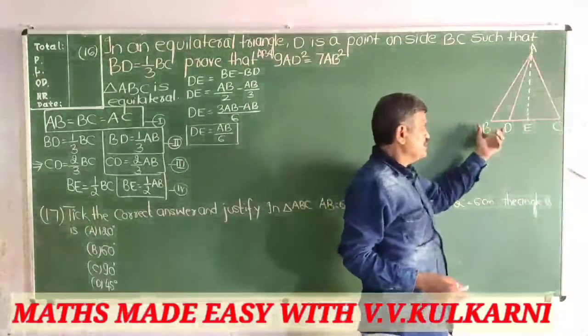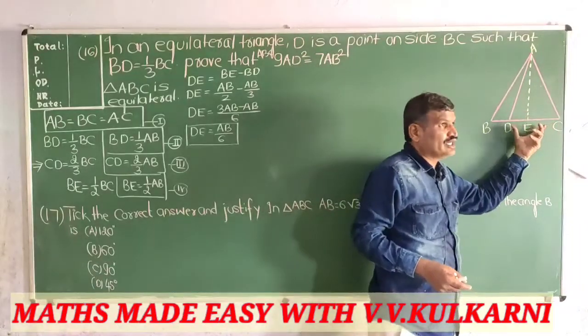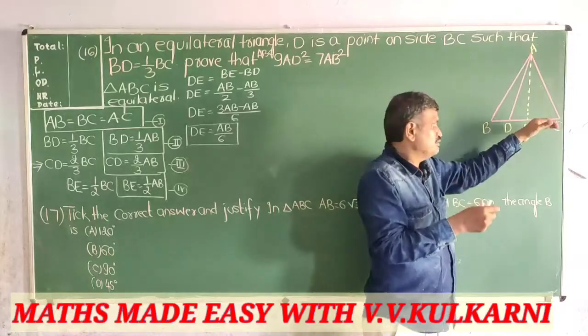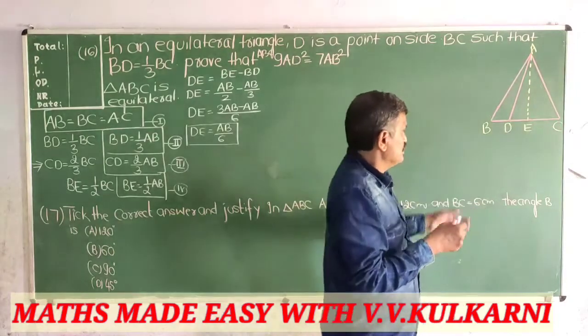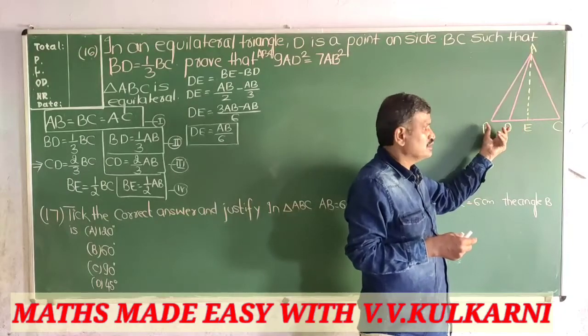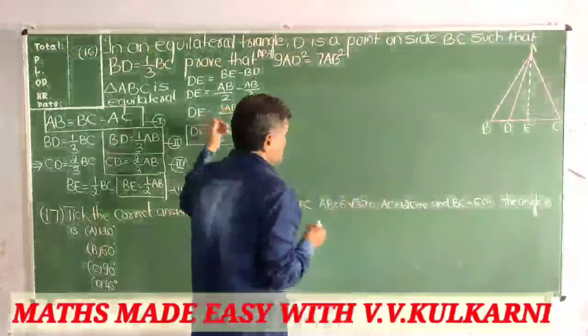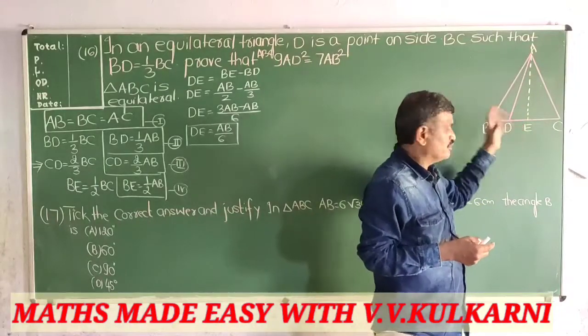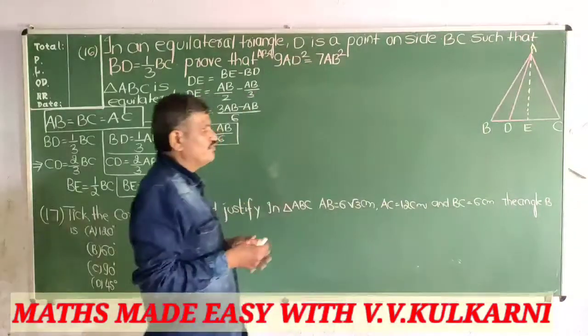If BD is 1/3 of BC, that means DC is 2/3 of BC, and 2/3 of BC means again it is 2/3 of AB. Then if you want DE, what I did is this total length minus this length, that is equal to AB by 6, and this BE is equal to half of BC, or half of BC is half of AB.